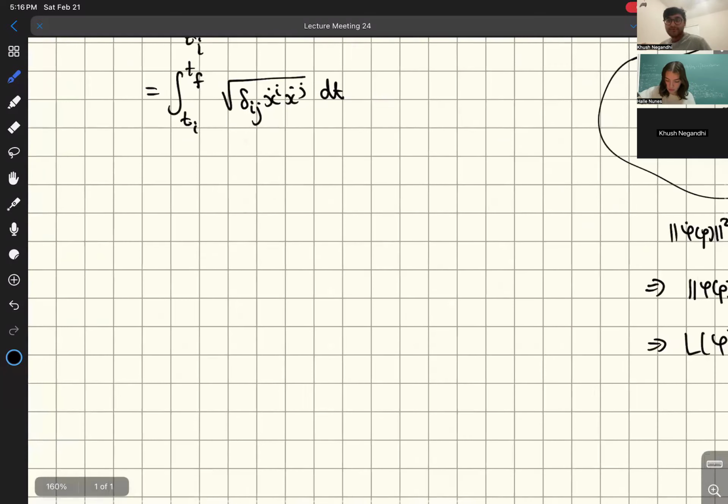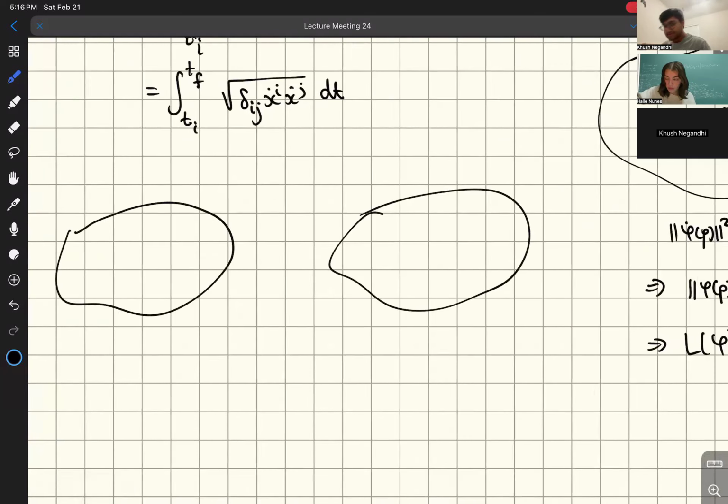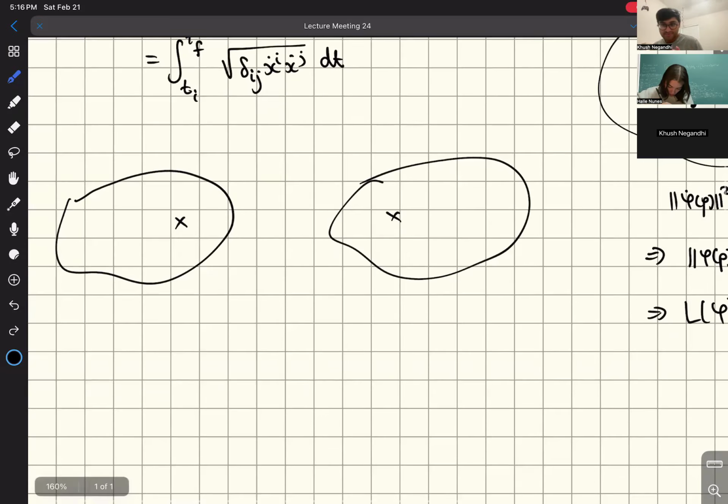For one, if my manifold is disconnected like this, there's no continuous curve that goes from this point to this point, right? So let me just write this down.